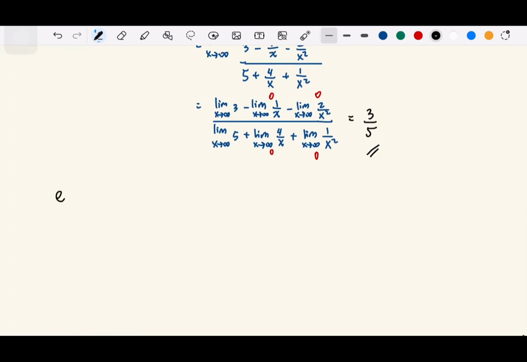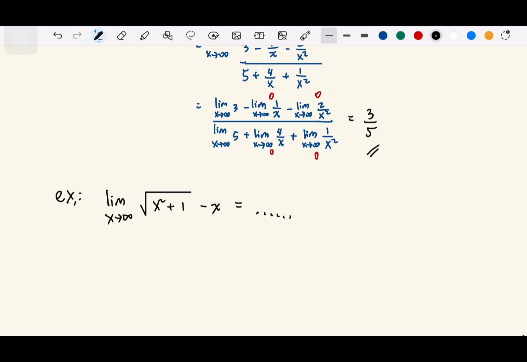Okay, another example. So the rule basically is not just 1 over x, it's always any constant over x.